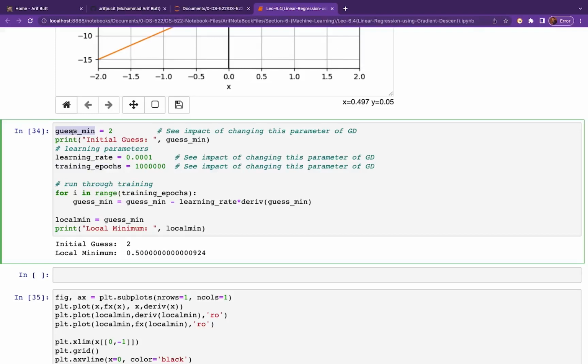Let me say that when you have a very small learning rate, you need to have more iterations because the model is going to learn more slowly. So play around, spend some time, change the parameters, try to gain some intuition as to what happens when you change the three parameters. That is the initial guess, learning rate, and the training epochs.